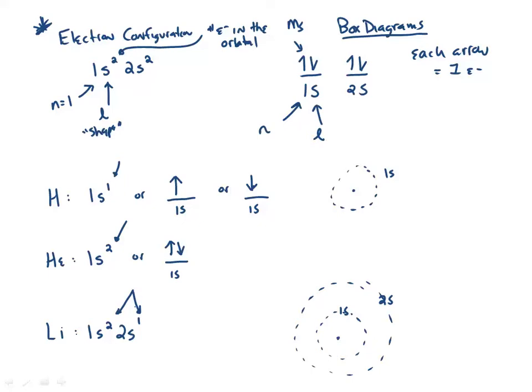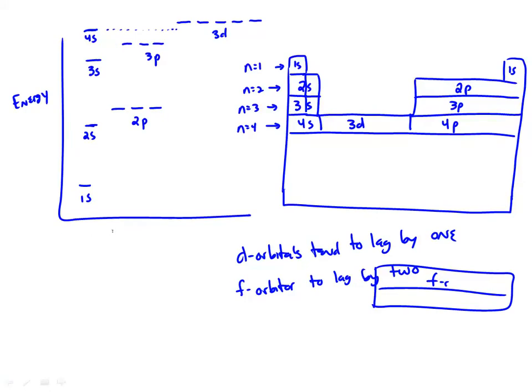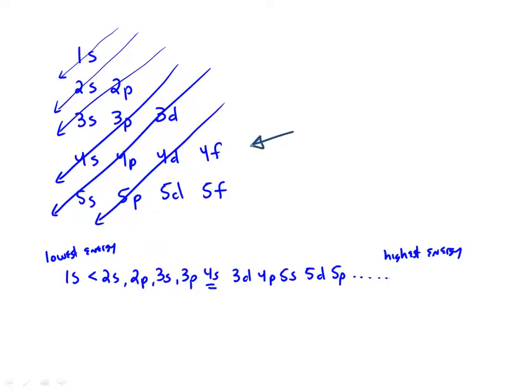And then how do I know that I first fill the 1s orbital and then the 2s orbital? That's those energy level diagrams. So remember when we drew this diagram, or you have to learn it from the periodic table, or you have to use this little trick here to think about how to draw that diagram.